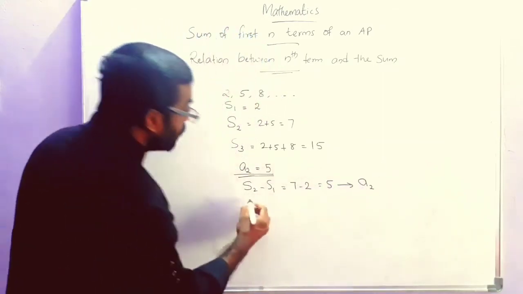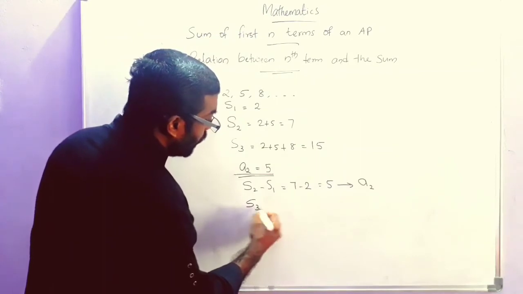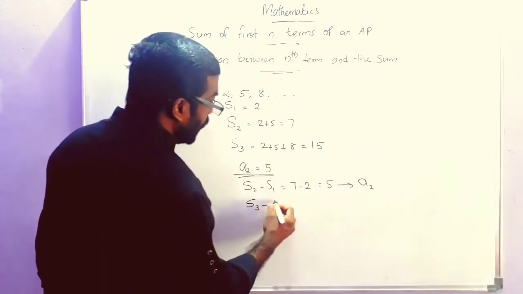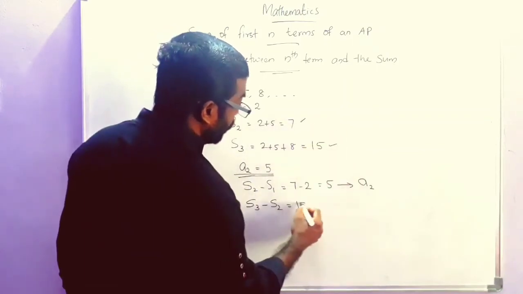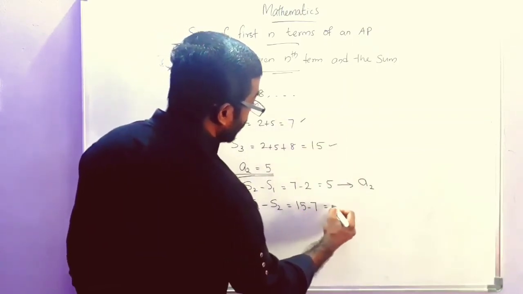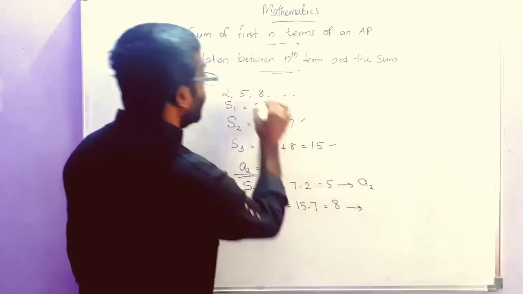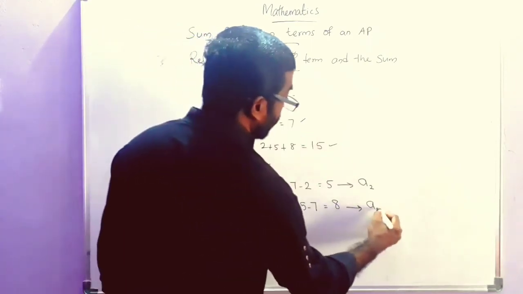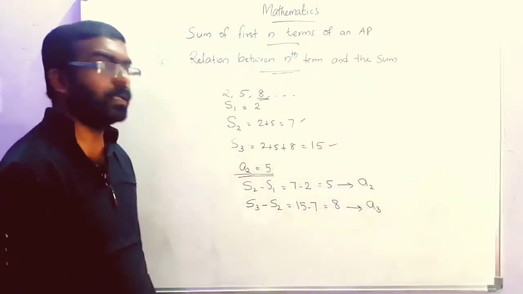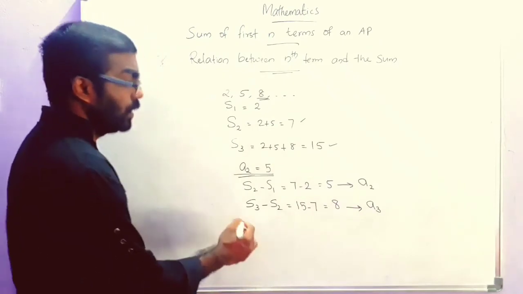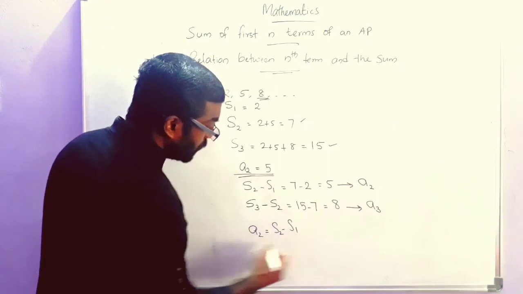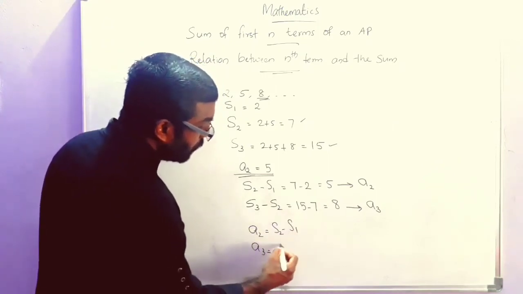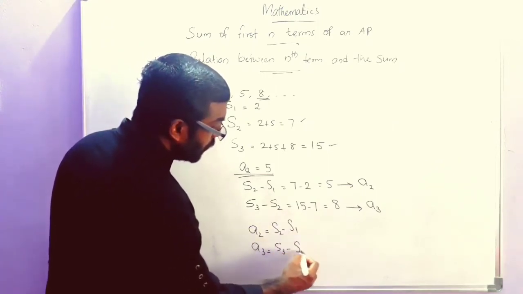And if we subtract S2 from S3, that is S3 minus S2, which is equal to 15 minus 7, which is equal to 8, and here 8 is the third term, that is A3. That means we got A2 is equal to S2 minus S1, A3 is equal to S3 minus S2.